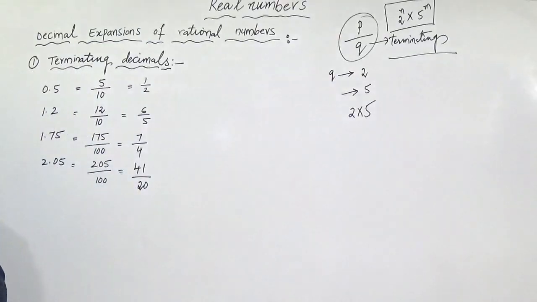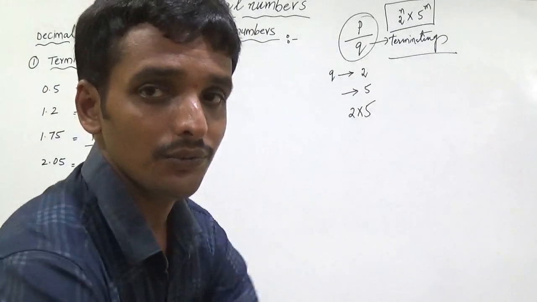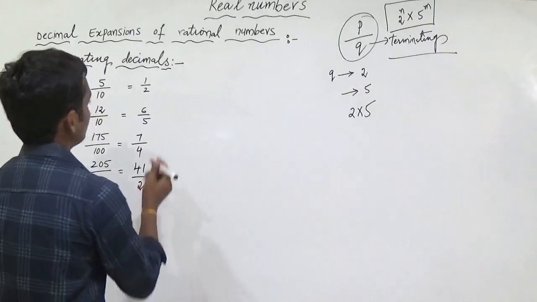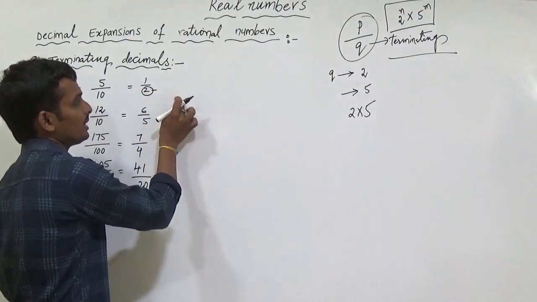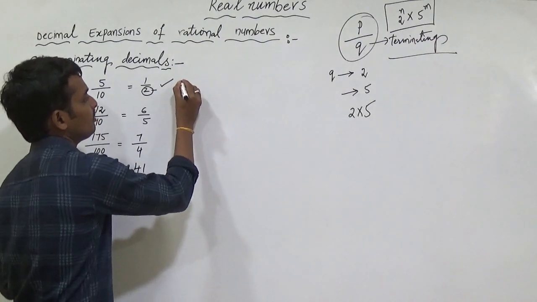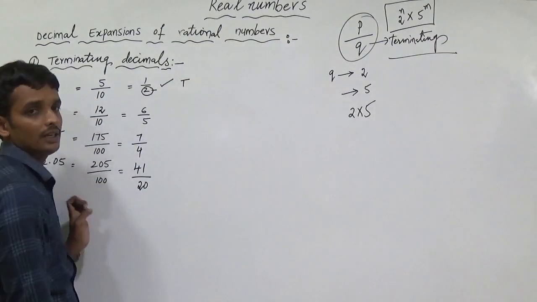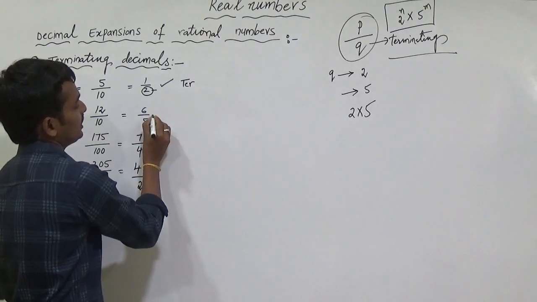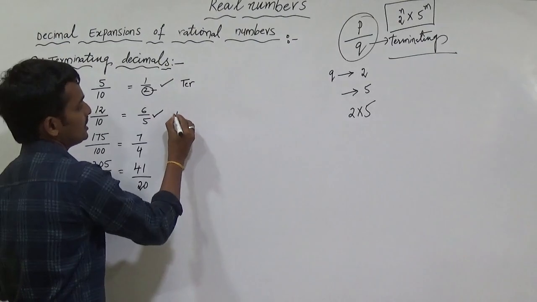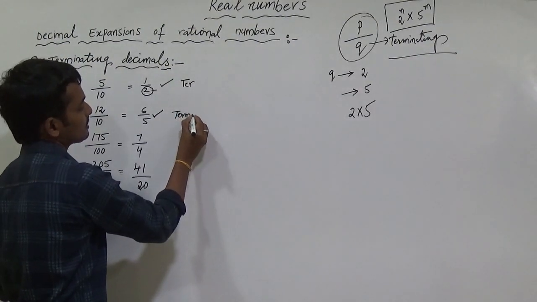If you observe our examples, here the denominator q has only one 2, there is no other number, so it is a terminating decimal. The same way, here only one 5 is there, also terminating.